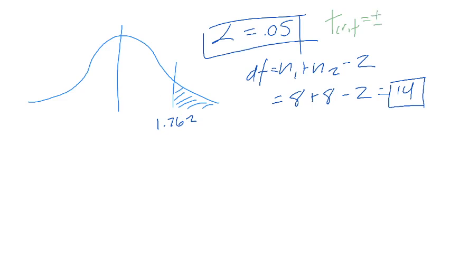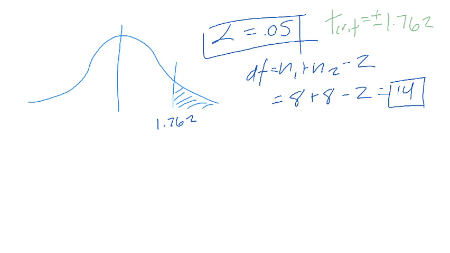Well, in this case, we just need to exceed the magnitude of 1.762. Remember, if we switched our x bars, x bar 1 and x bar 2, it could be just as well that we're looking for a negative t. So that is arbitrary, but what is not arbitrary is exceeding the magnitude, or the absolute value, of this critical t value here.